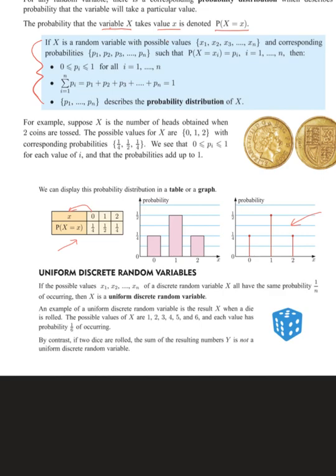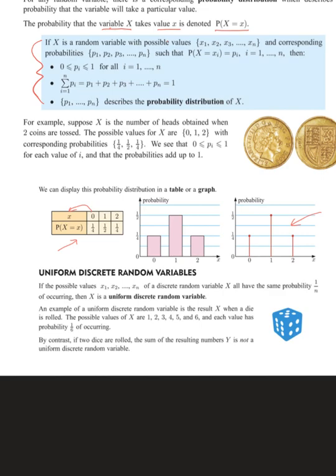So each value has the probability 1/6 of occurring. So 1 has a 1/6 chance of occurring, 2 has a 1/6 chance of occurring, etc. When you add all those together 6 times, you end up getting 1. So that makes sense that it's a probability distribution. And because they're all the same, we can classify it further as a uniform discrete random variable.